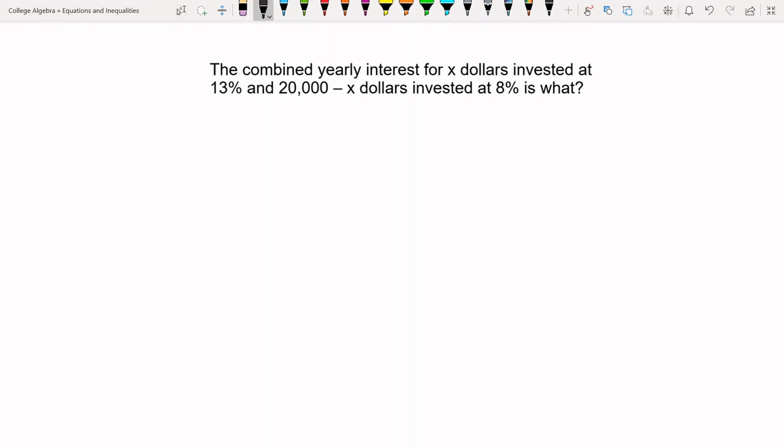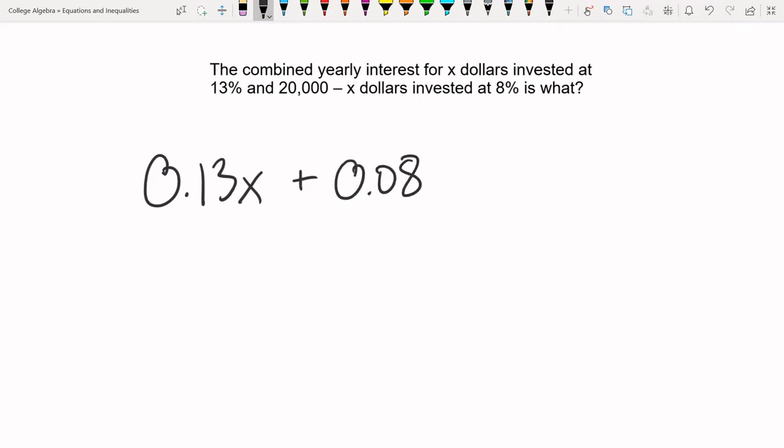So if X dollars are invested at 13%, then 0.13 times X is how much interest the account gives after a year. Then we add that to however much is obtained after a year from the next account, which is going to be 0.08. We never use percentages in mathematics.